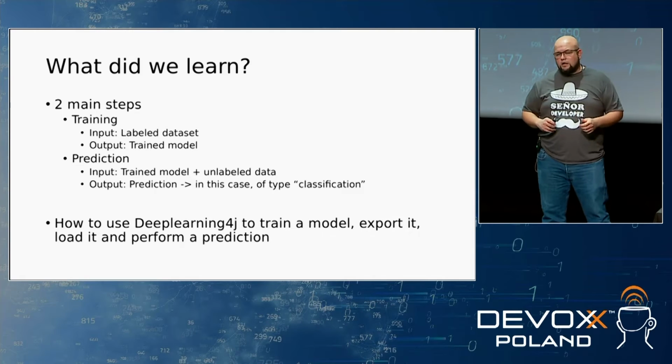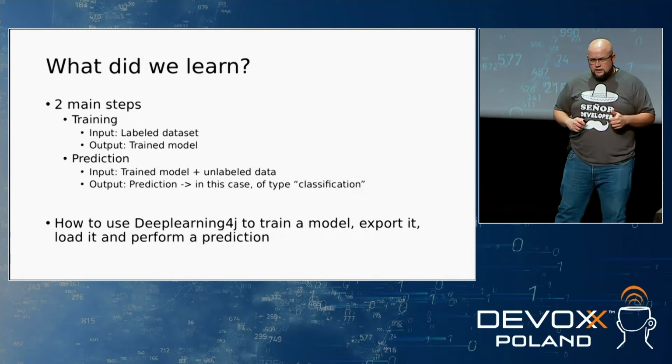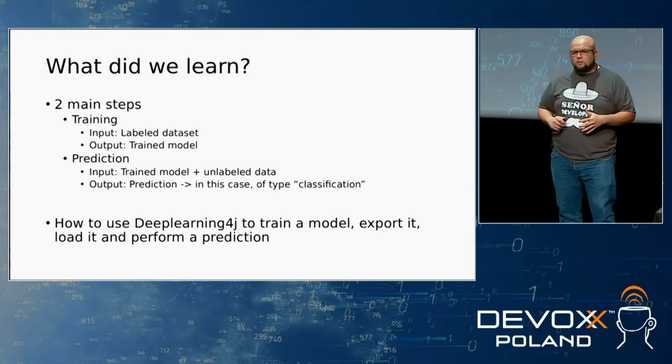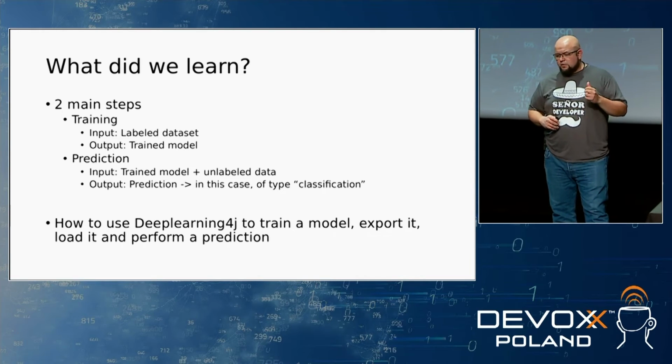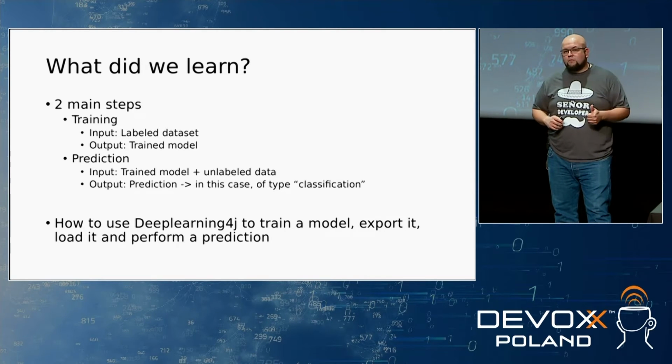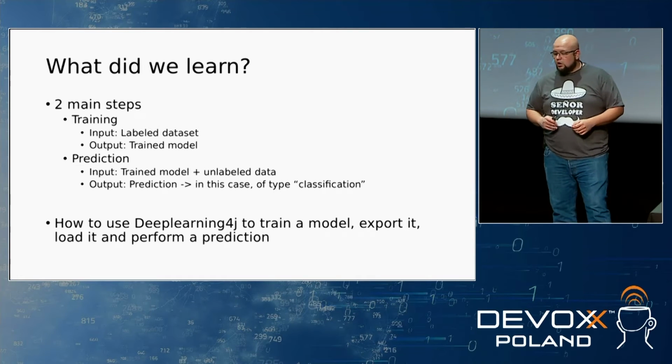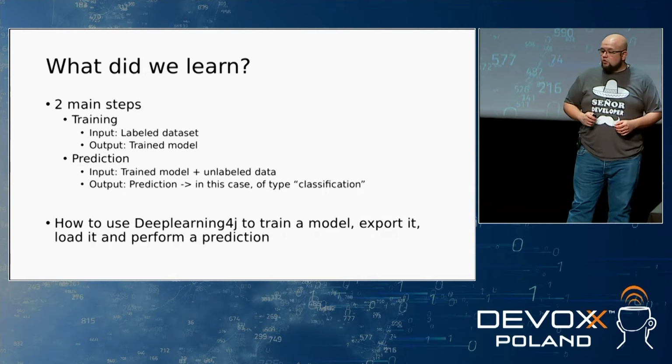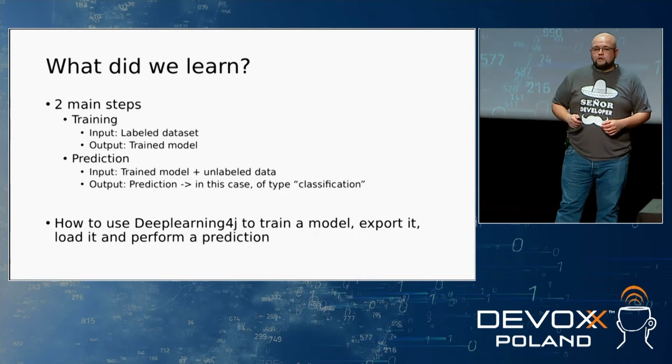The input of training is the labeled dataset, and its output is a trained model. Then on the prediction, you need a trained model and data, and the output is the prediction, which in this case is a classification. We also saw how to use Deeplearning4j to train a model, export it, load it, and perform a prediction.